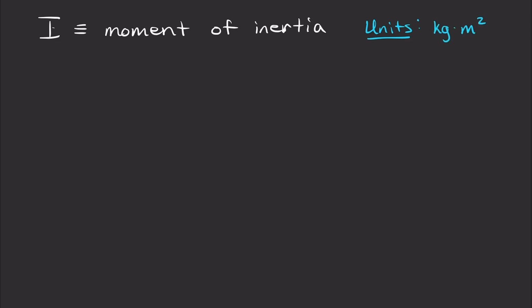So that was our m times r squared. And moment of inertia is a scalar quantity. So it's not a vector, it doesn't have a direction, and it is always positive. Okay, it's always positive because mass is always positive, and even if our distance r is negative, it's going to get squared and become positive.